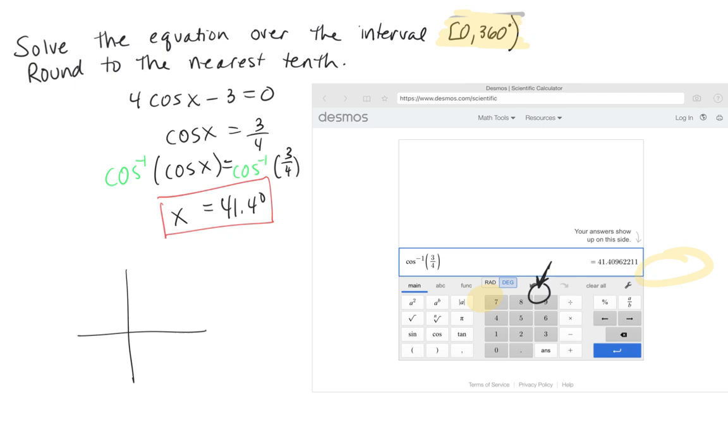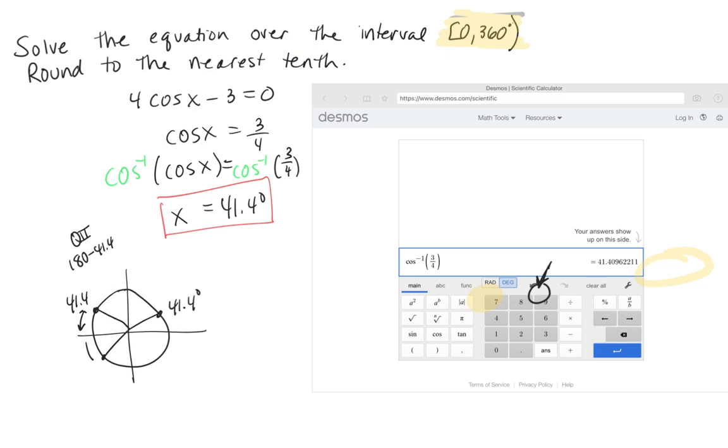And so looking at our unit circle, think about the reference angles. There's going to be 4 different places on the circle that have that same reference angle of 41.4. There's one in quadrant 2. We would find that by taking 180 minus 41.4. That's in quadrant 2.